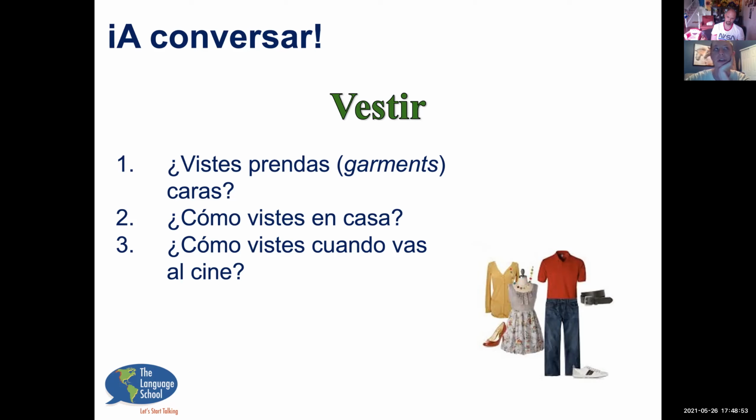Visto una camiseta, los pantalones y las zapatillas cuando voy al cine. Sí.